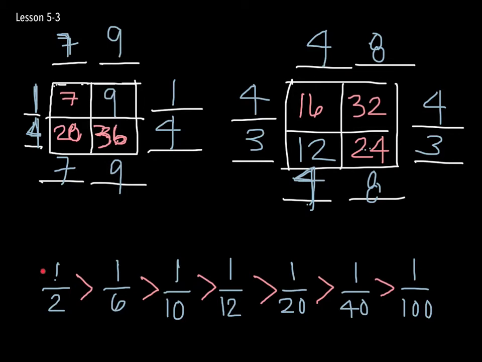If you split it in 2 pieces to share, you're going to get more than if you split it into 6 pieces to share. But if you had 6 pieces that you're sharing, you'll have a bigger piece than if you had 10 pieces. 10 slices or pieces would be bigger than if there were 12 slices. So with the numerators the same, the bottom number, the denominator, is going to determine how big the slices are.